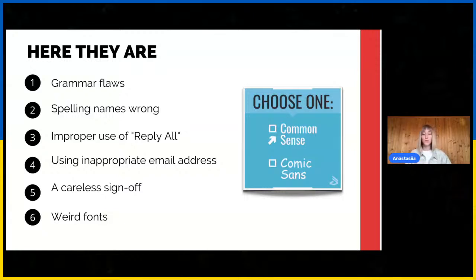So you write some comment which is supposed to be private. Maybe you decide to gossip about one of your coworkers, and you just send this email without checking whether you're replying to everybody or only to one person, like the author of that letter.